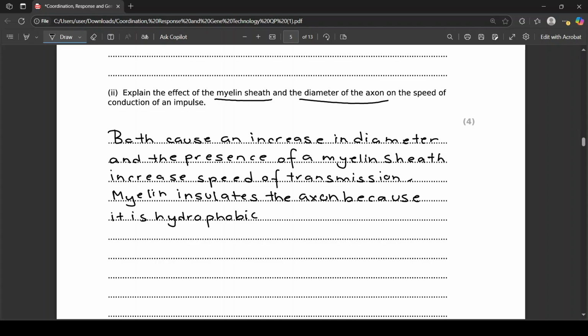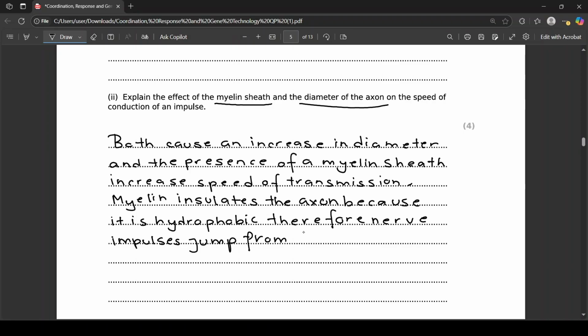Okay, so therefore nerve impulses jump from node to node.